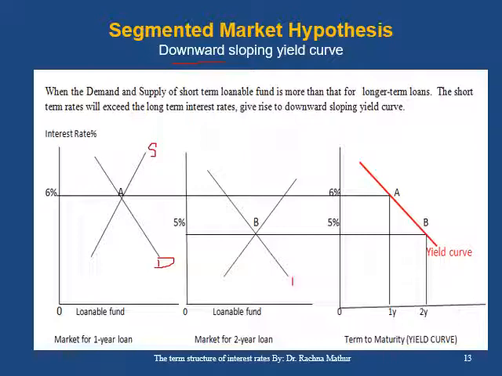For the second year, the demand for and supply of loanable funds give an interest rate of 5%. Therefore, the shape of the yield curve is a downward sloping curve, where the demand and supply of short-term loanable funds is more than that of long-term loans. The short-term rate will exceed the long-term rate, which gives rise to a downward sloping yield curve.